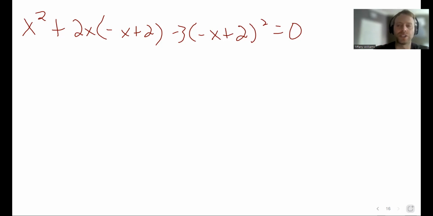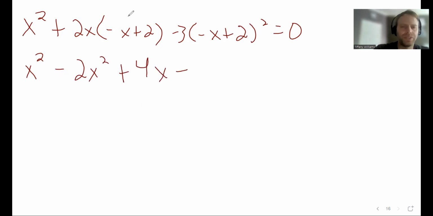So, like I said, we're going to solve for x, and it tells us our x coordinate. So we're going to get x squared plus, let's distribute that. Matter of fact, I'm going to get rid of that plus because that term is going to be negative. Distribute the 2x, so it's going to be negative 2x squared plus 4x. And then I'm going to do out negative x plus 2 squared.